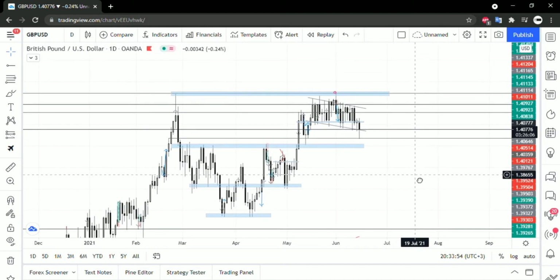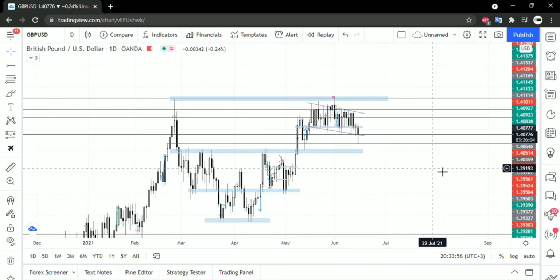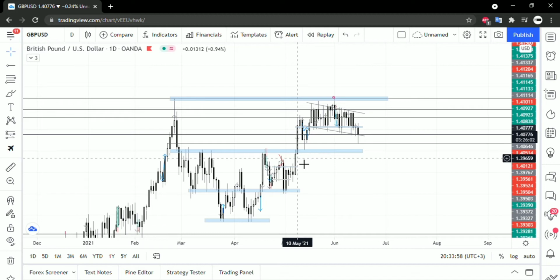But what you will find out is that support can also become resistance. Once this currency pair broke out of this resistance, it came back and found support. It failed to break down again. So this wasn't a fake breakout, this was an actual breakout.